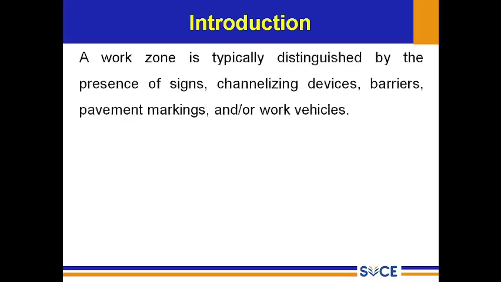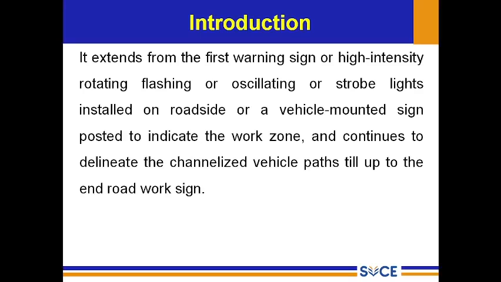The work zone is typically distinguished by the presence of signs, various signboards you can see at the work site, channelizing devices, barriers, pavement markings, and work vehicles. You can see all of these at the work site. It extends from the first warning zone. There are different zones. Initially they give you a warning: yes, the work zone is going to start, so reduce your speed.